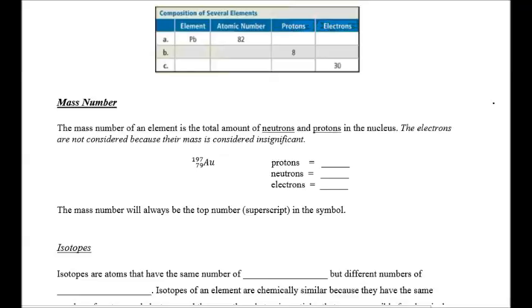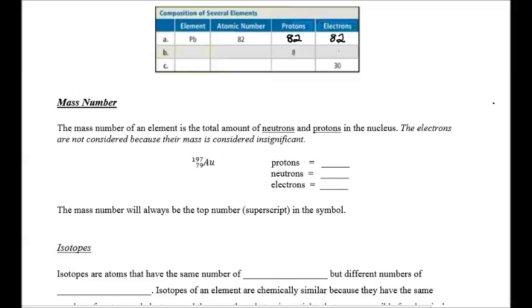Turn to page 54. So if we have an atomic number of 82, we will have 82 protons and we will have 82 electrons. Atomic number 82 is lead. Use your periodic table for this next part.